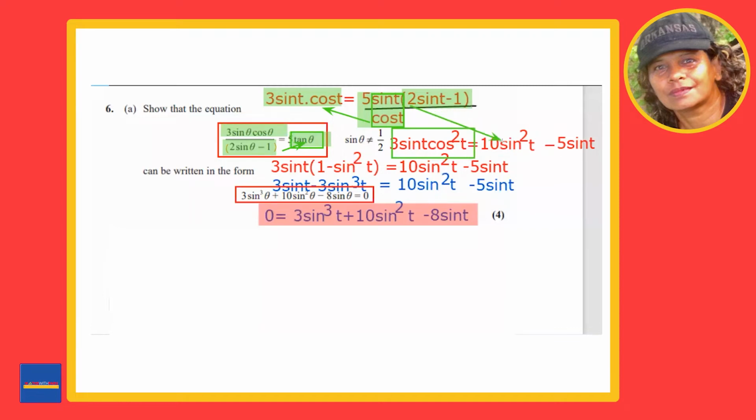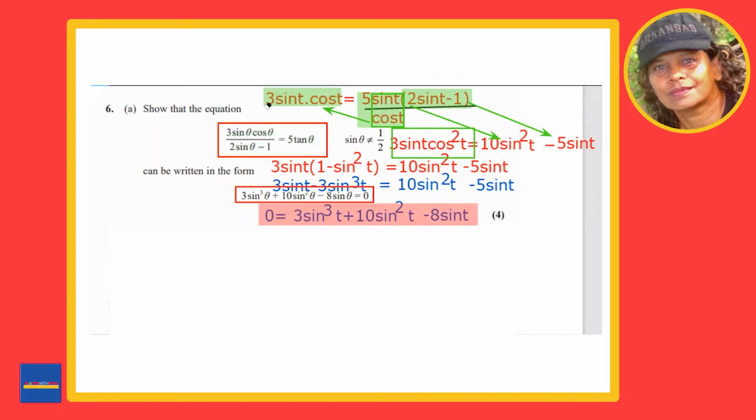That's going to be 5 times 2 is 10, sine t into sine t is sine squared t. And then I have 5 sine t into minus 1, which is minus 5 sine t. All right?